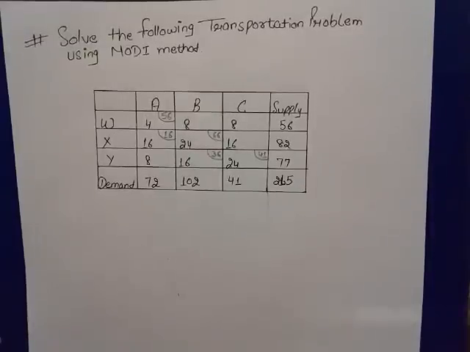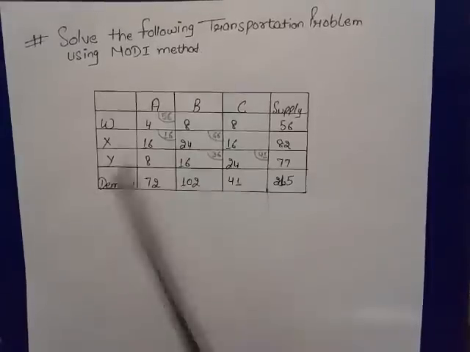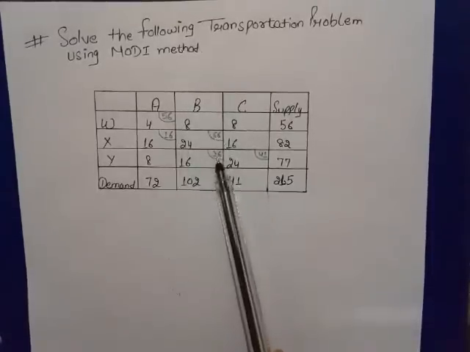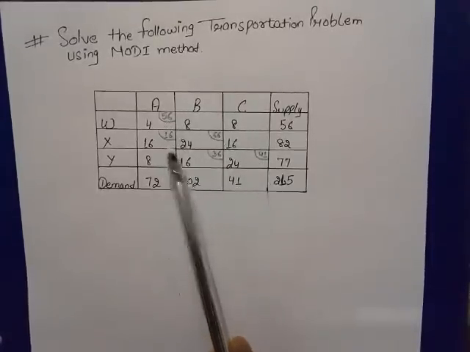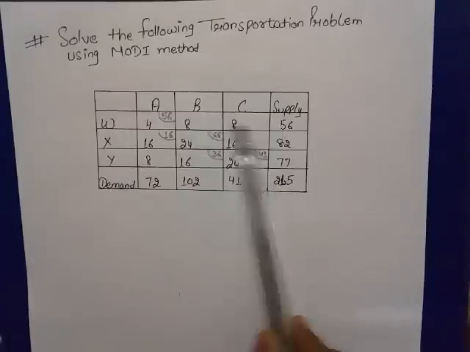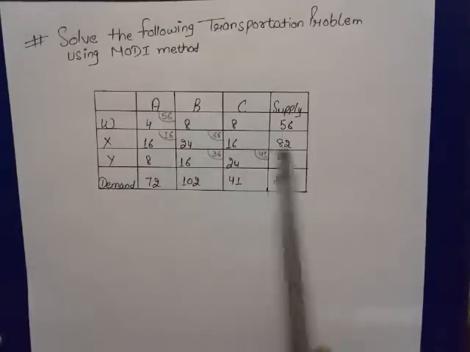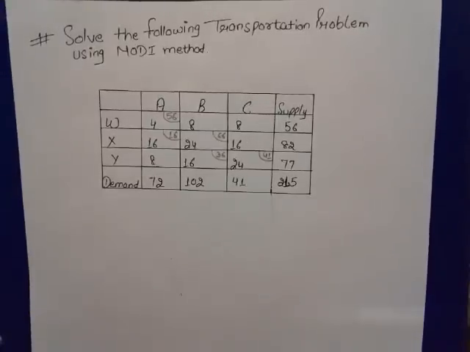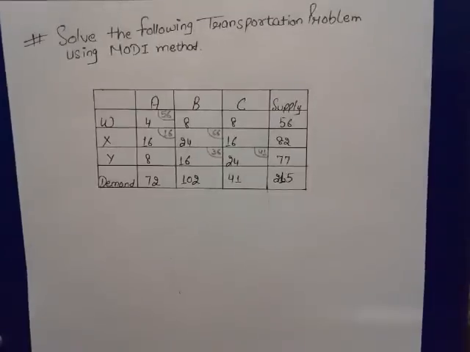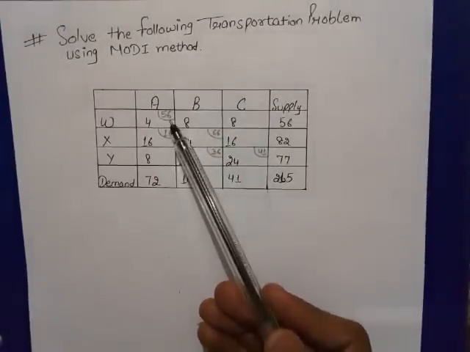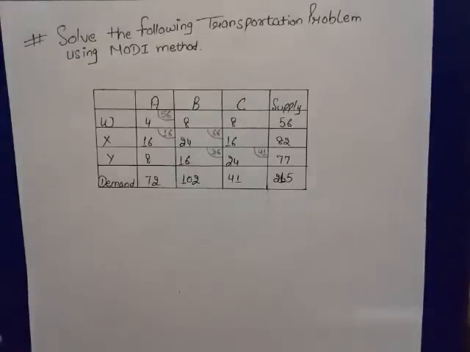After checking the demand and supply, we have the question in which the demand and supply are already matched. The basic solution which I used is VAM, Vogel's approximation method.